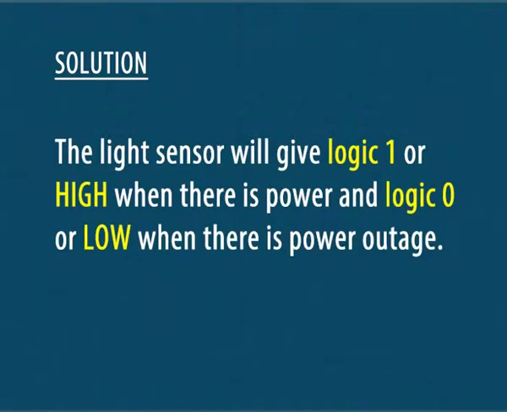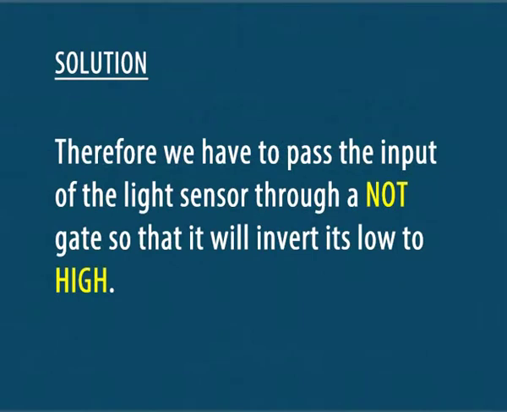The light sensor will give logic 1 or high when there is power and logic 0 or low when there is a power outage. Therefore, we have to pass the input of the light sensor through a NOT gate so that it will invert its low to high.